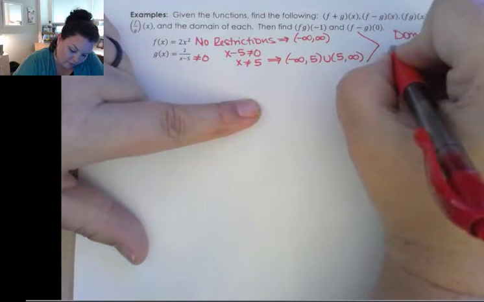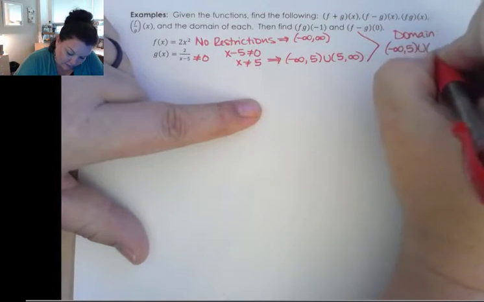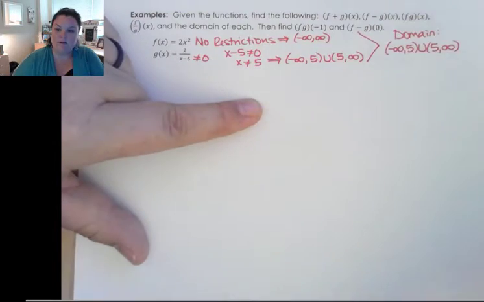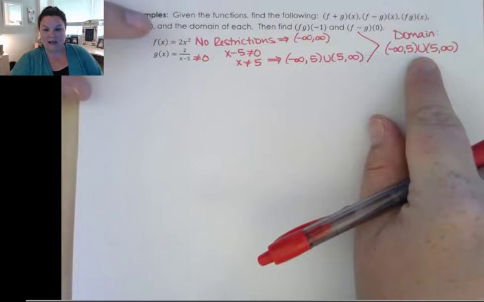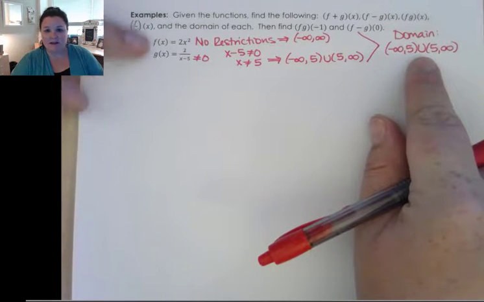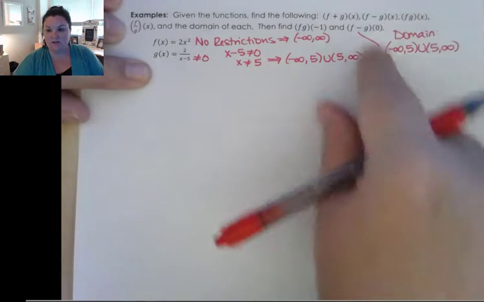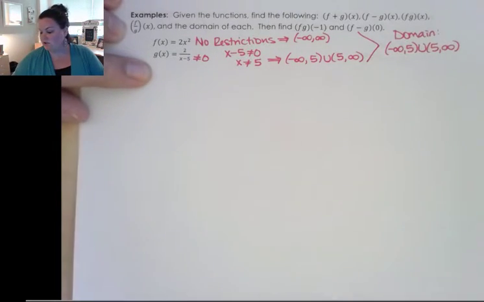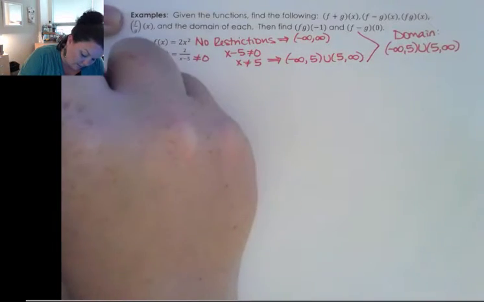So our domain for all of it should be anything but 5, right? So I'm going to go ahead and write from negative infinity to infinity and just take out the 5. So when we do our f plus g, our f minus g, our f times g, and our f over g functions, this should be our domain unless we run into additional issues. Okay, so let's go ahead and see what we can come up with.